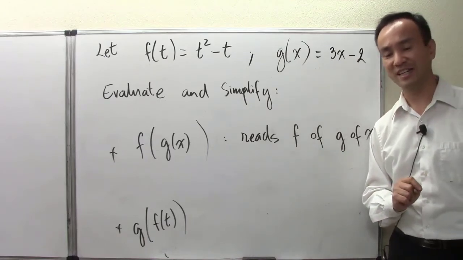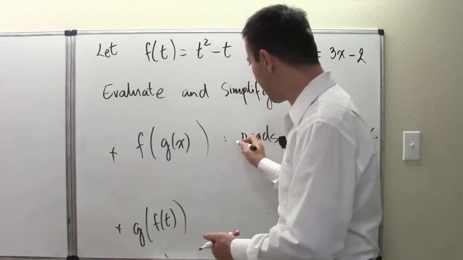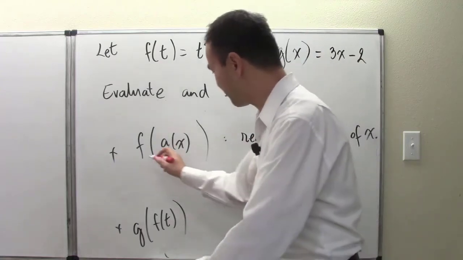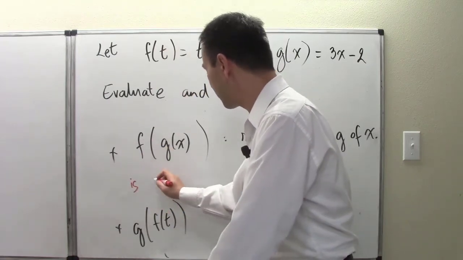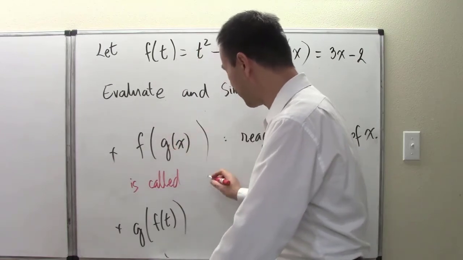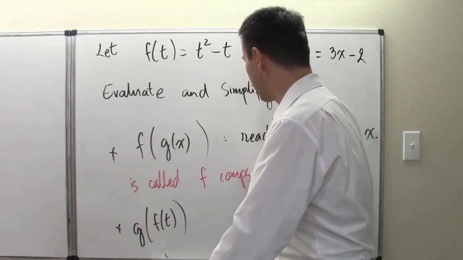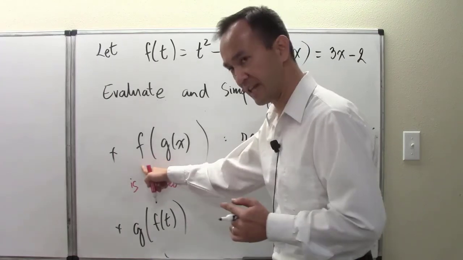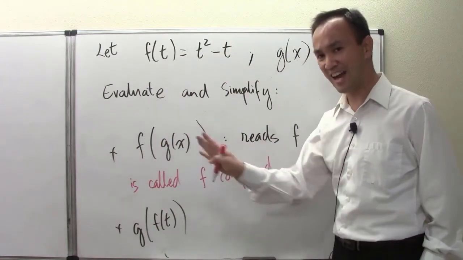All right, so that's how it reads right here. Precisely, this is the way it reads, but the whole picture over here is called f composed. Because f is the outside function and the input is the inside. I mentioned that earlier, and I had to erase that line.